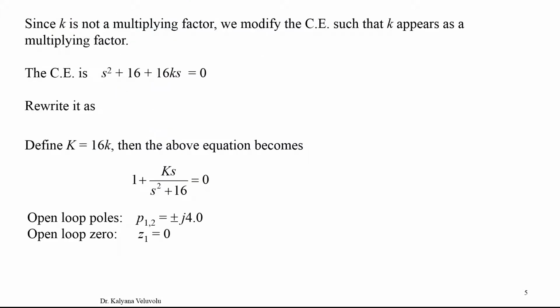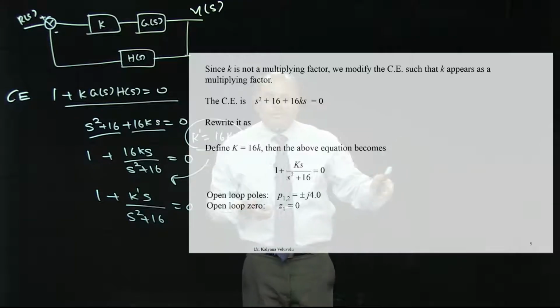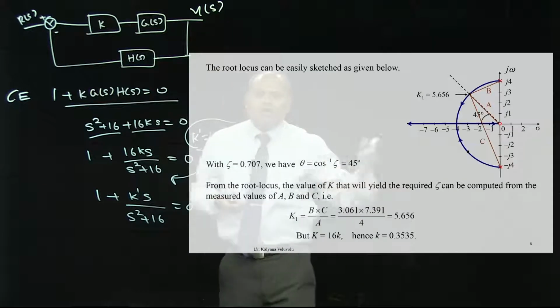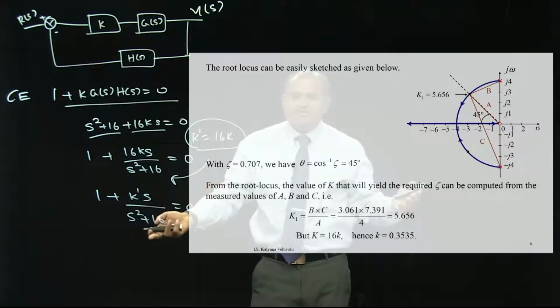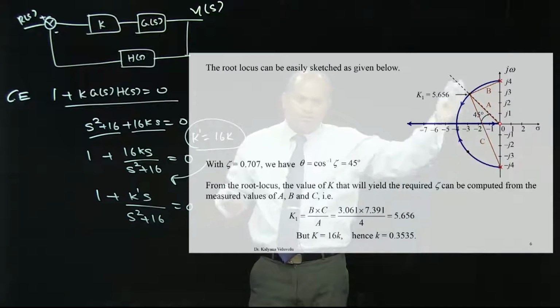By choosing k dash equal to 16k, I can write it in a form suitable for our root locus. Because this is in the standard form, I can draw the root locus.